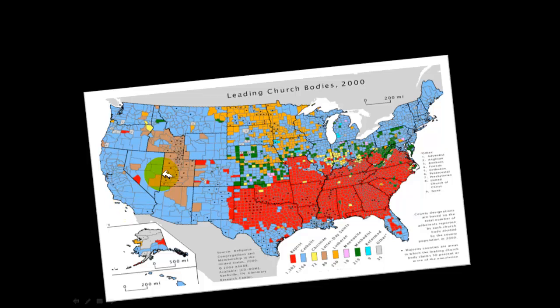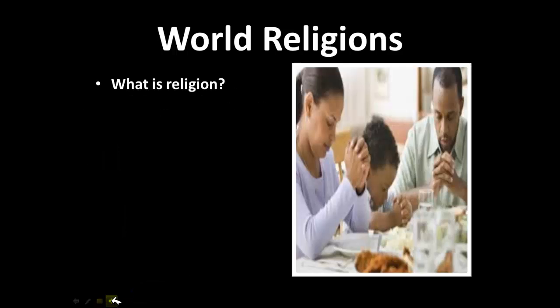We're looking at Mormons as the leading church bodies in Idaho, Utah, and Arizona. Lutherans tend to be the leading church bodies in Montana and North Dakota. So pretty interesting stuff. Once again, this does not necessarily show which group has the most members. Generally that's what it shows, but sometimes it's which group is the most organized in that area.